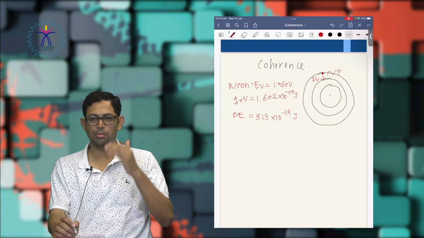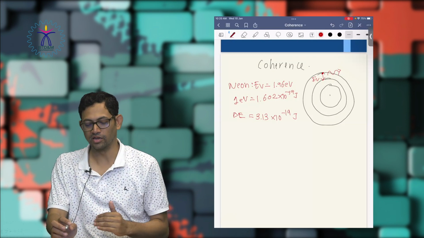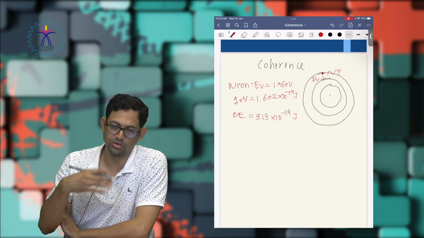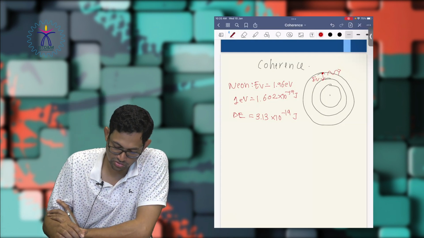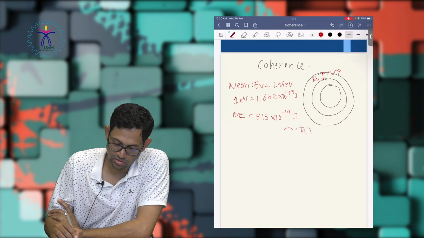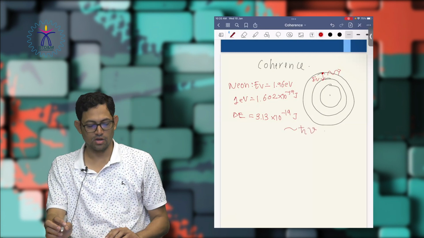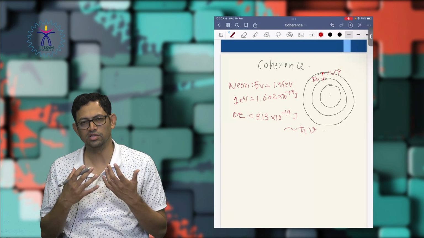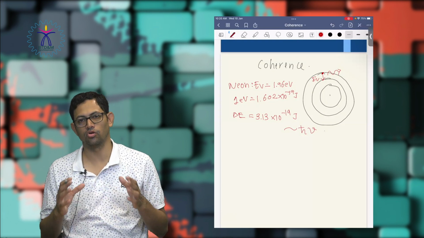That is the jump the electron makes, and because of that jump it converts into a photon. So it releases a photon of a particular wavelength. Now we want to understand the wavelength of the photon it is emitting.